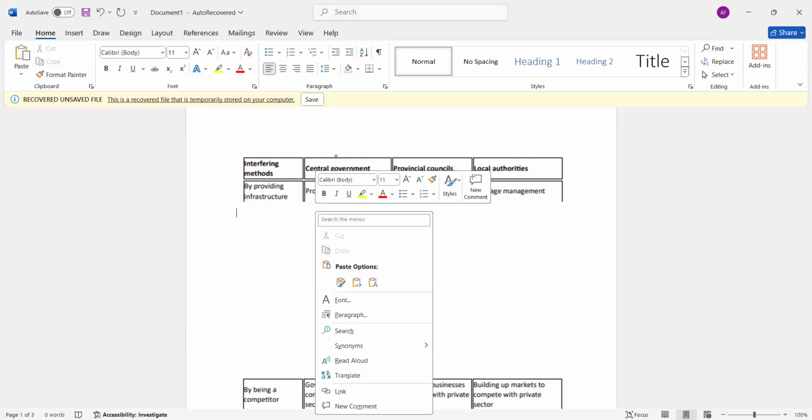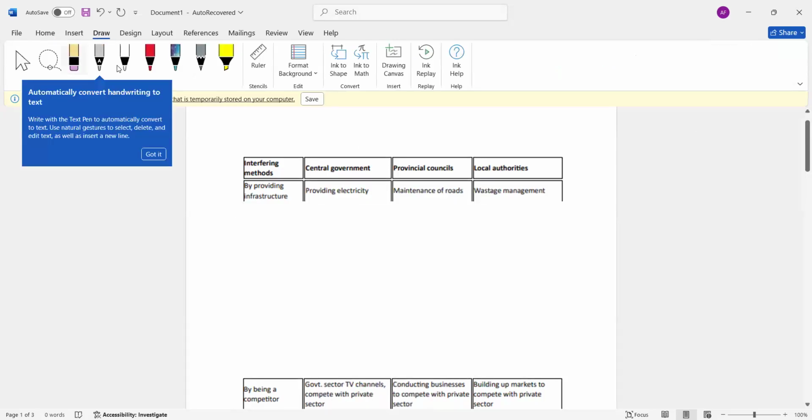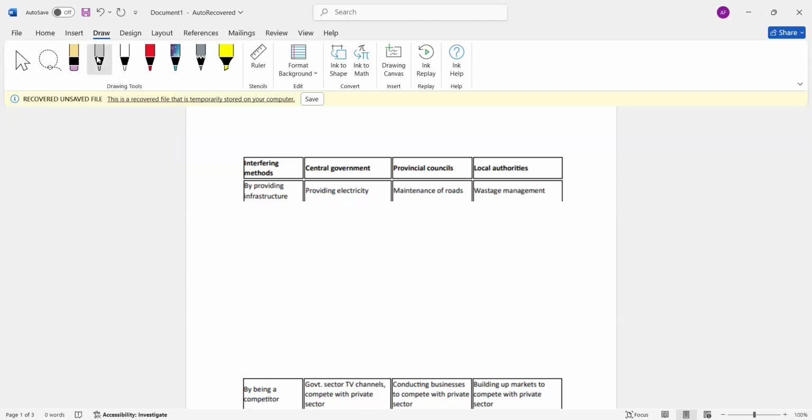Oh, what is happening? Just give me a second. Automatic conversion of handwriting to text. Wow.